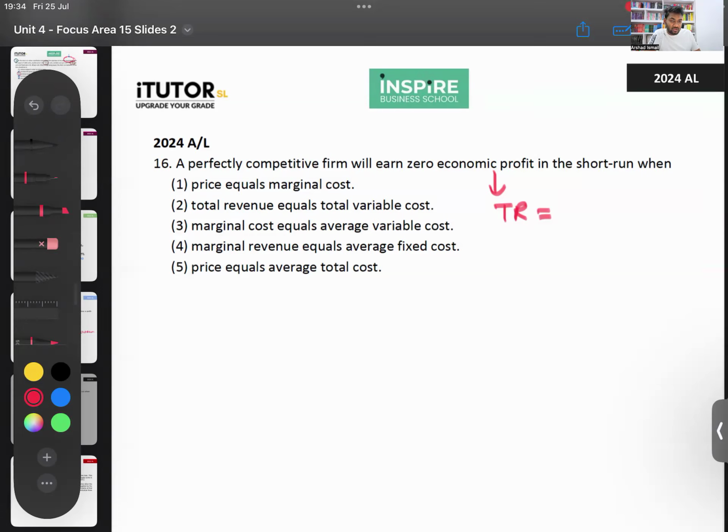Average revenue and average total cost are not the same thing, those are different things. Or the price, in other words the average revenue, should equal average total cost. That is how you can talk about this.